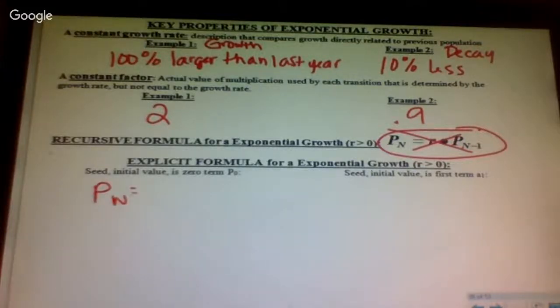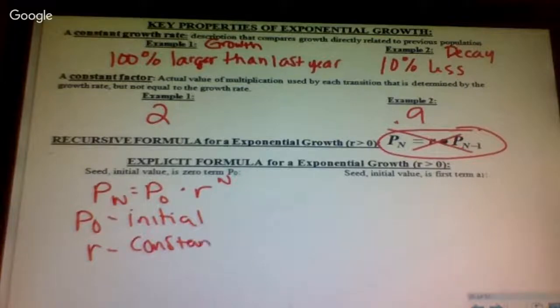So P sub n equals P sub 0 times R raised to the n power. Again, P sub 0 is your initial. R is your rate, your constant rate. And n represents the numbered term.